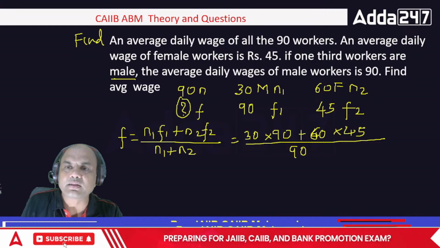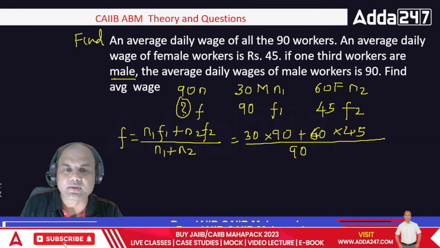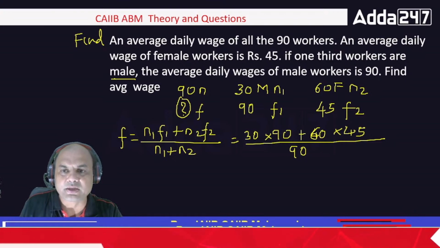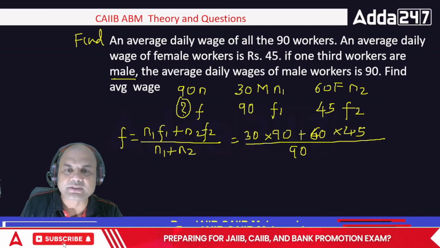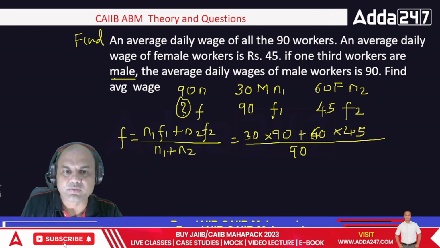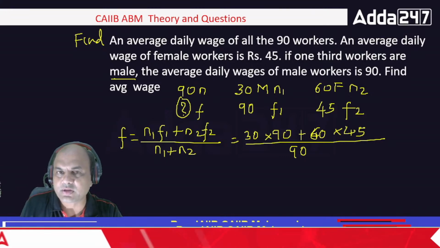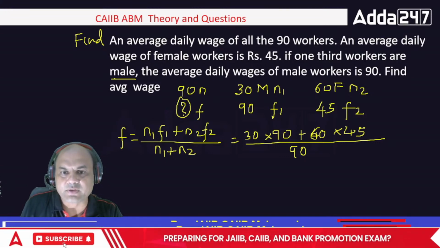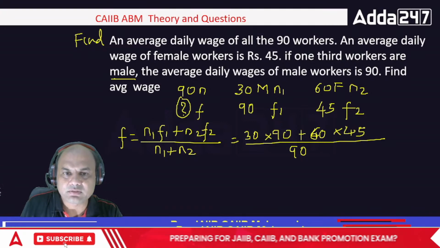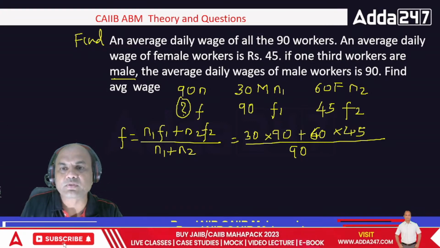30 into 90, that is 2700. Plus 60 into 45, which is 2700. So I am getting 5400, right? This divided by 90.